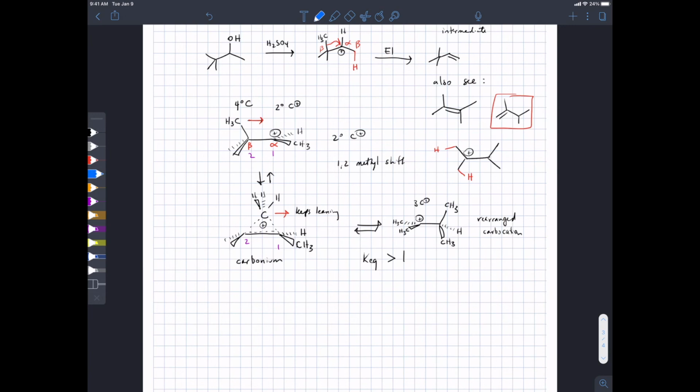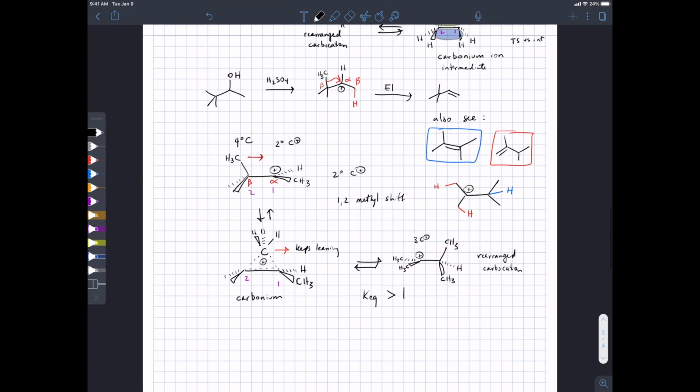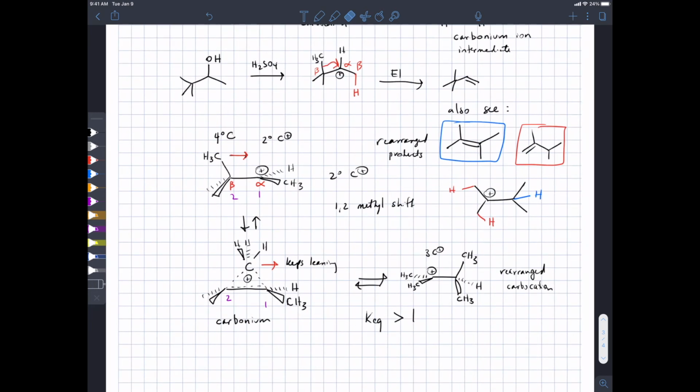And if we remove this beta proton, we're going to get the more substituted alkene product. We'll call these rearranged products, and we'll call this a not rearranged product. And I would expect you to draw all 3 as products of this reaction. I would not expect you to say whether the rearranged versus the non-rearranged dominated.